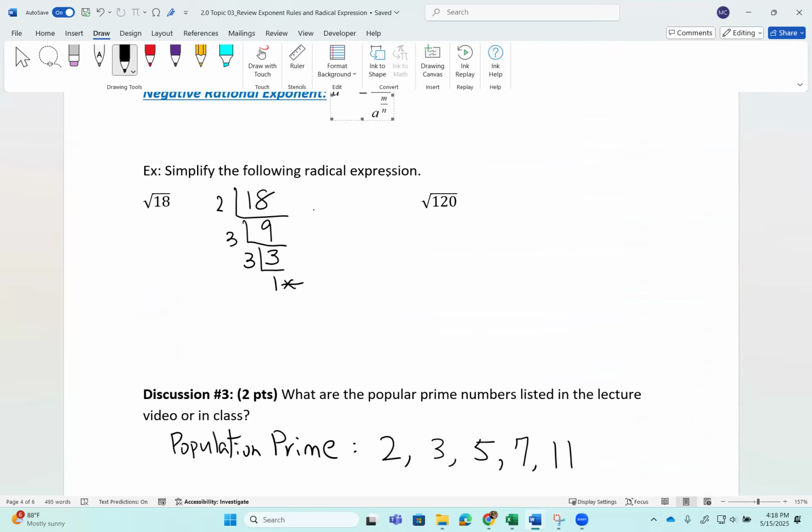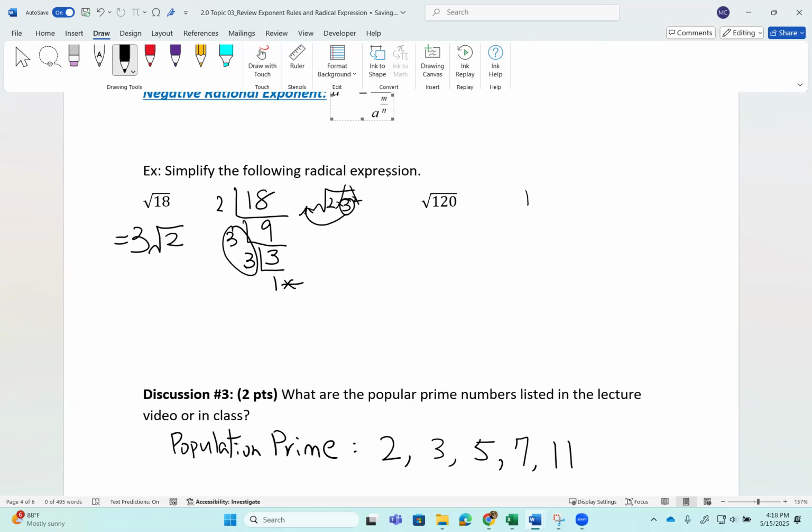This 18 is now 2 times 3 squared. So square and square root cancel out. This 3 will come outside. The 2 has to stay in. So these two 3s will go outside of the square root as one 3. There's only one 2, so that stays inside. So your answer is 3 times square root of 2.